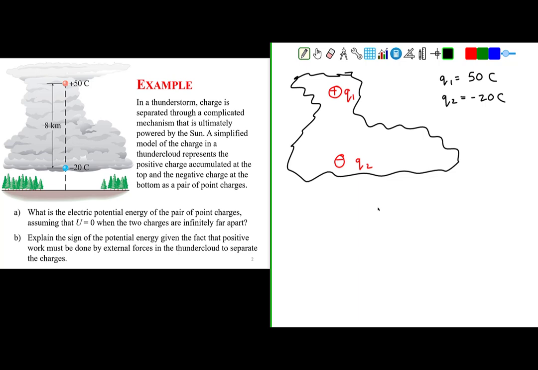However, if the cloud gets pretty close to the surface, the negative charge at the bottom of the cloud will induce positive charge in the ground. And if there is enough difference in charge, then you will have a discharge. Lightning will strike.